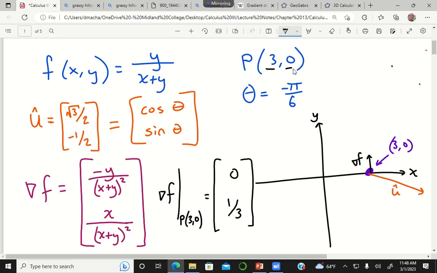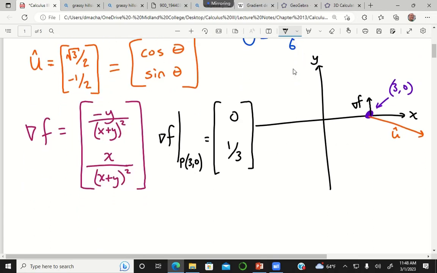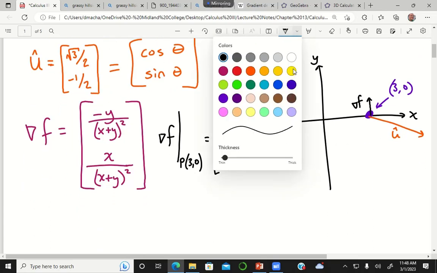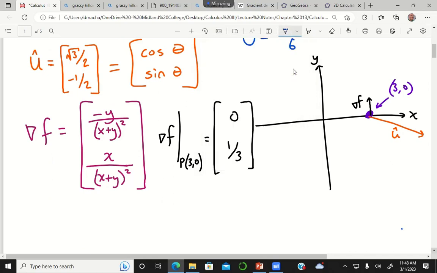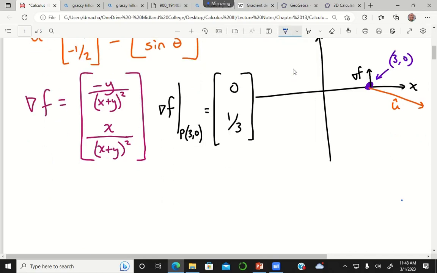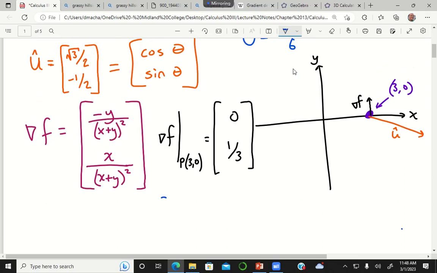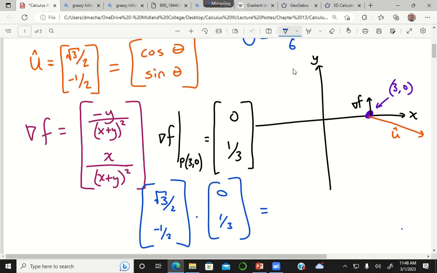And I'm saying, let's take the dot product of the gradient and the direction vector. So this is going to be root 3 over 2, negative half, dotted with 0, 1/3. So it's going to be negative 1 over 6.